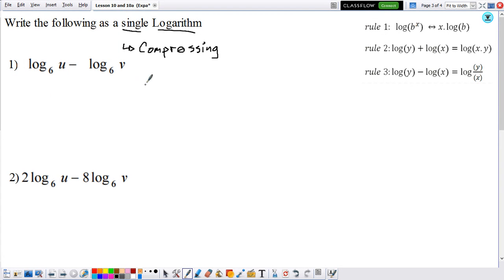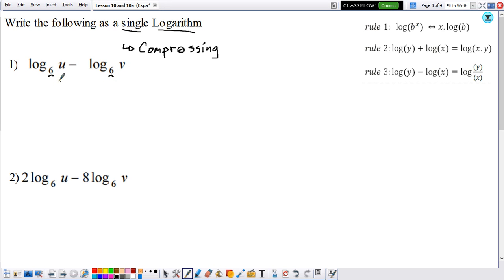One thing that I wanted to mention is that one key idea here is that you can only compress or expand logarithms if they have the same base. That is, if they have the same number underneath the logarithm.